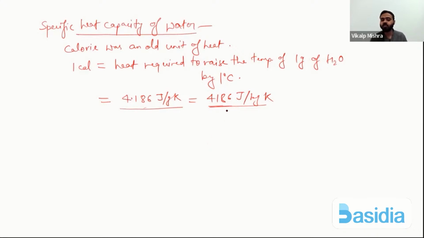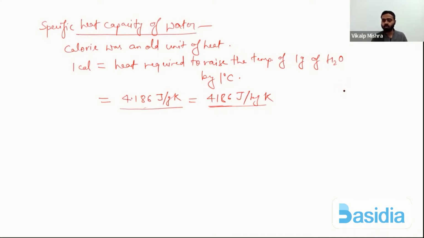Why? Because water's temperature increases only by storing so much energy. If water stores 4186 joule of heat, its temperature rises by 1 degree Celsius. You can see this is so much heat.